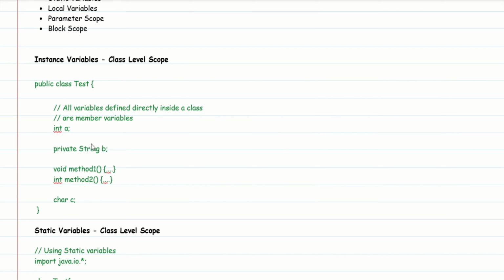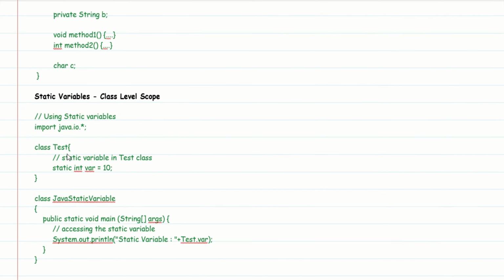We can declare class variables anywhere in the class, but outside the method, and the access specifier of a member variable doesn't affect its scope within the class. Member variables can be accessed outside a class as well, based on the access modifier. Here it's private, so it can be accessed only within the class itself.